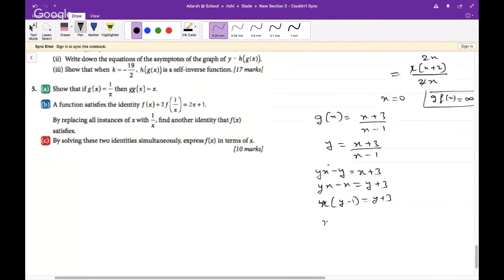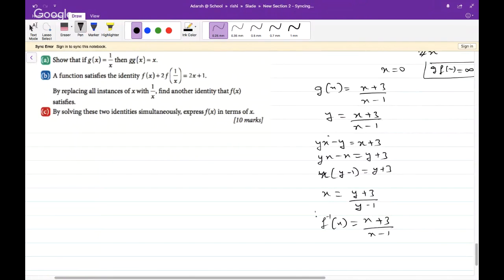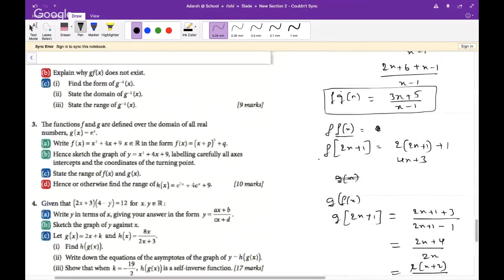So x is equal to y plus 3 divided by y minus 1. So this is g inverse of x. So x plus 3 divided by x minus 1. This is g inverse of x, which is the same as the original function.